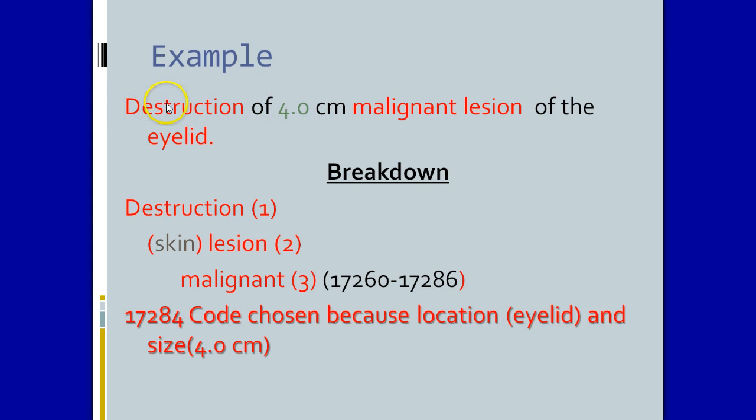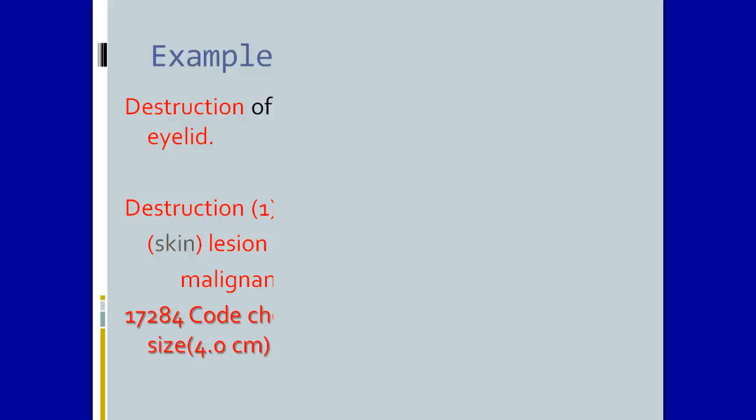It doesn't appear in the index, but when I go through my code range, what happens is I'm given various codes to choose from, and they will change based on whether they are malignant or benign, where they're located on the body, and the size. And the next few slides will kind of explain to you how to determine what you're going to do when you get into coding in your surgery section.